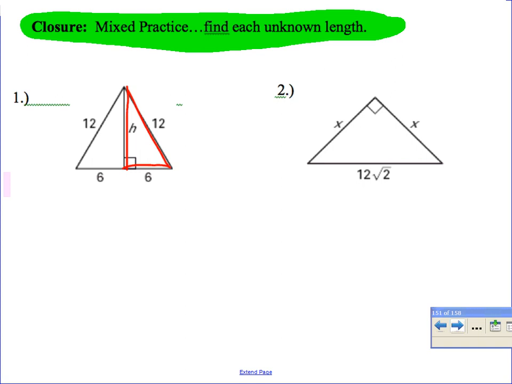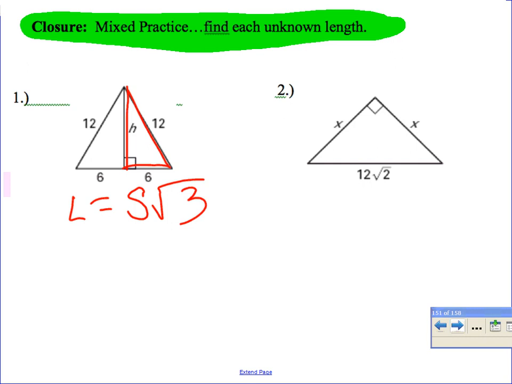We are given here the shorter side, and we're given the hypotenuse. So what formula do we need to use here before we go through the answer? Jordan, what formula? Awesome. We're using longer side equals shorter side times square root of 3.